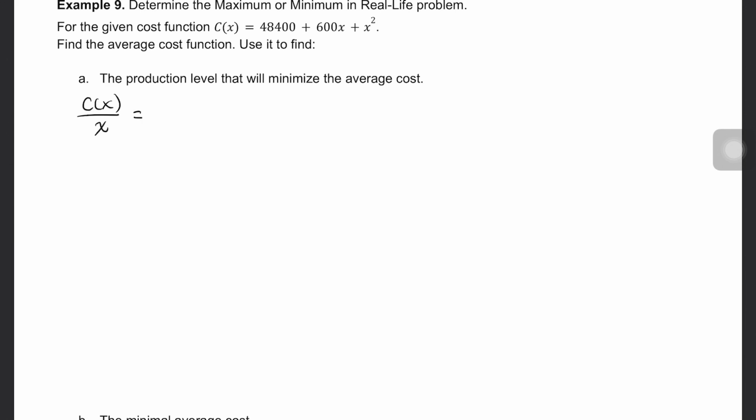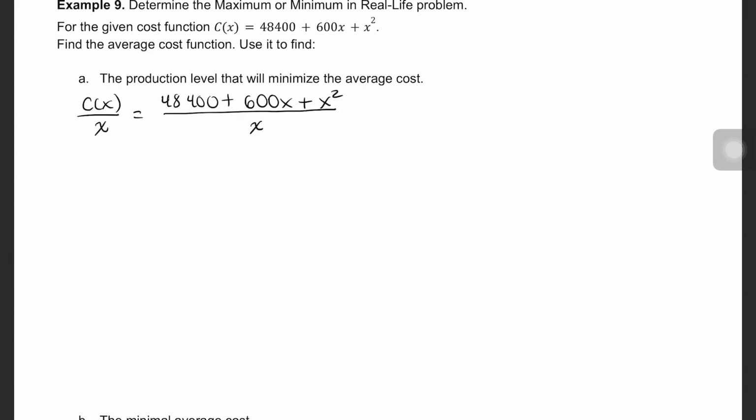So we're going to take the total cost function, which is 48,400 plus 600x plus x squared, and divide it by x. And to minimize this, we need to find the critical number, make sure that the critical number happens to be a local min, and make sure that local min is the absolute min.